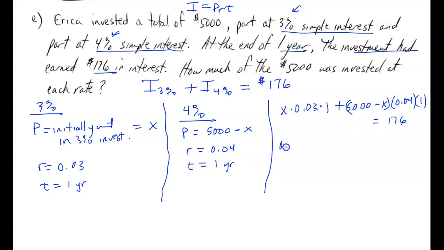So cleaning this up and making it look a little better, we'll have 0.03x, and here 1 times 0.04 is just 0.04, so we're literally just going to distribute.